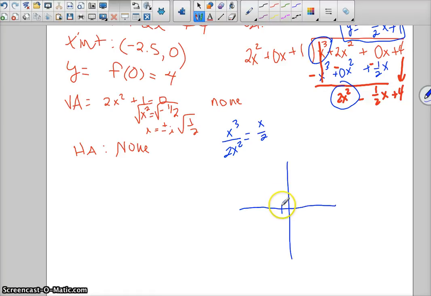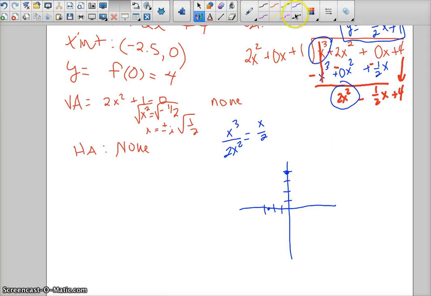So we have an x-intercept between -2 and -3. We have a y-intercept of 4. We did not have a horizontal asymptote. We did have a slant asymptote of y equals 1/2 x plus 1.